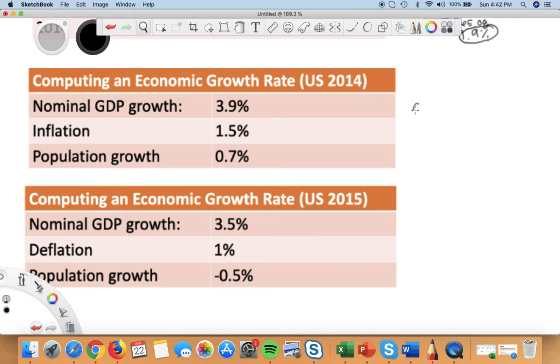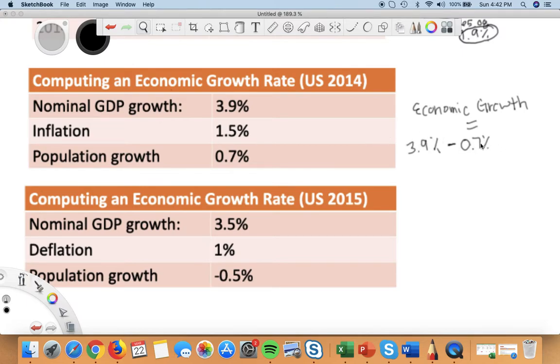So economic growth equals, we're going to start with our nominal GDP growth, 3.9%. We're going to subtract out the population growth, I think, was next. It doesn't really matter what order you subtract out in, but we'll stick with the way I wrote the equation.